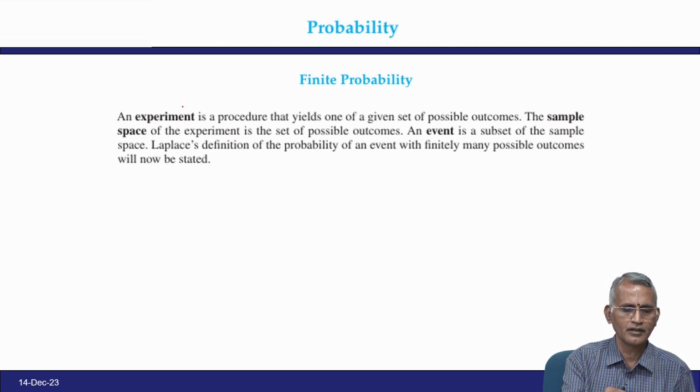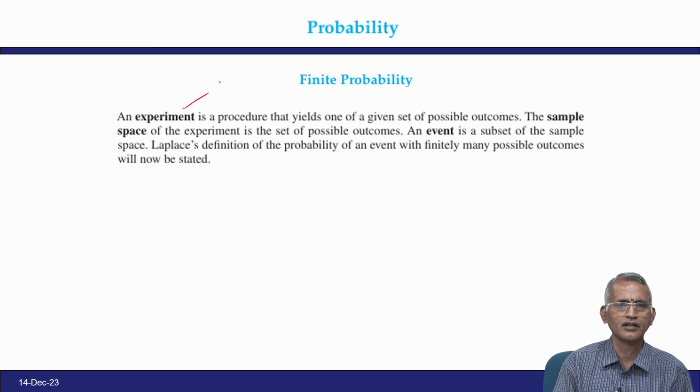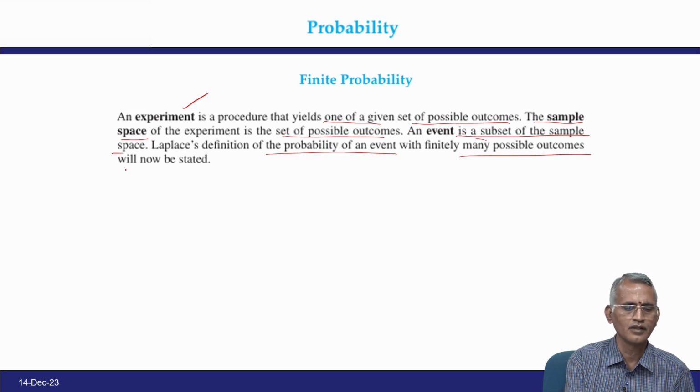An experiment is a procedure that yields one of a given set of possible outcomes. The sample space of the experiment is the set of possible outcomes, and the event is a subset of the sample space. By Laplace's definition, the probability of an event with finitely many possible outcomes will now be stated.